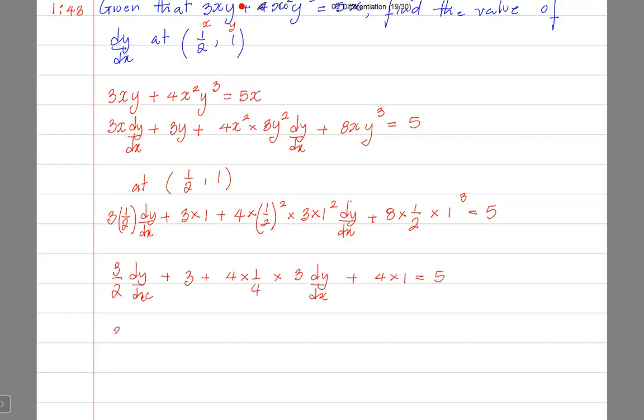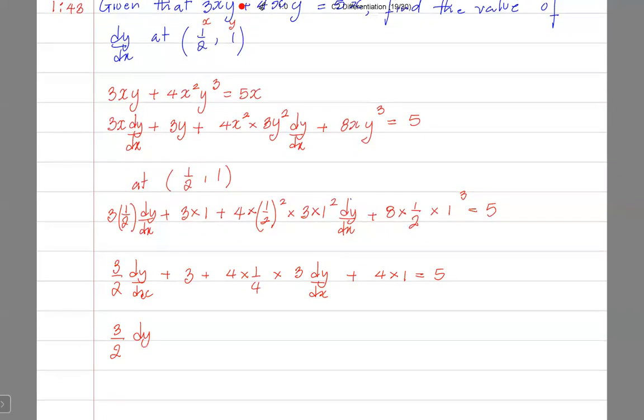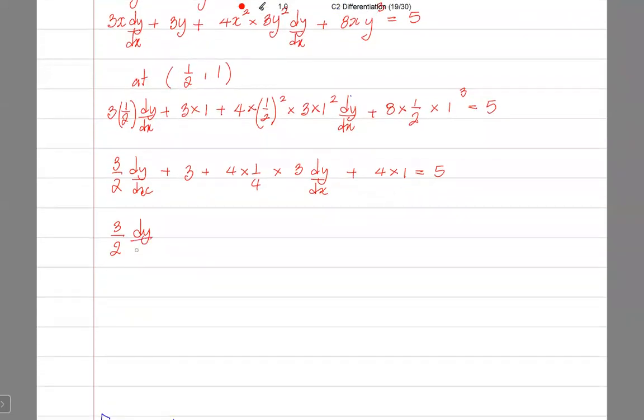So now I have 3 over 2 dy by dx. This is plus 3 dy by dx, plus 3 plus 4.